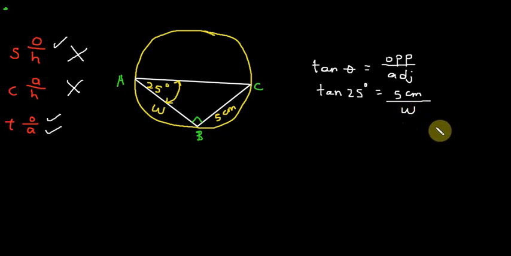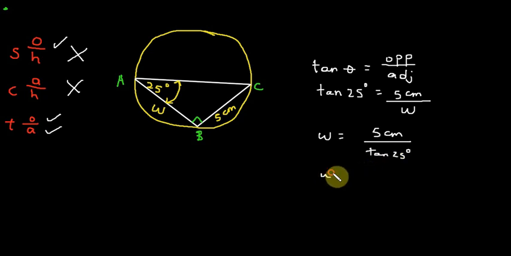Again, when the unknown is at the bottom, we divide. When the unknown is at the top, we multiply. So W is equal to 5 cm divided by tan 25 degrees.